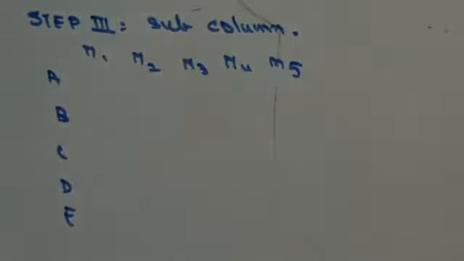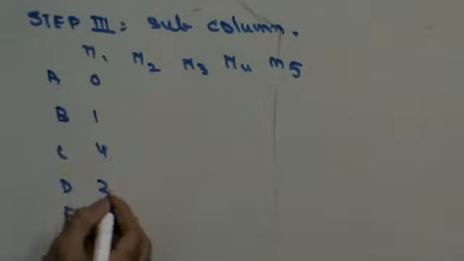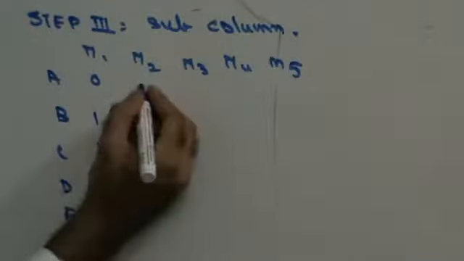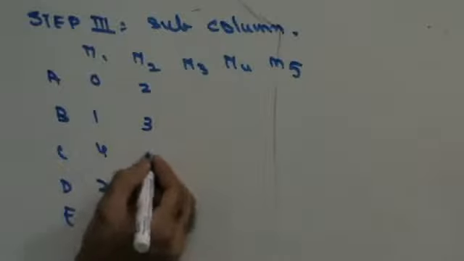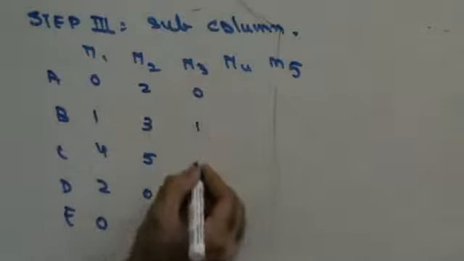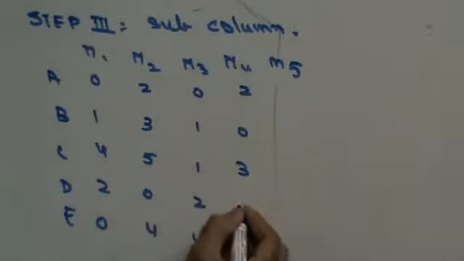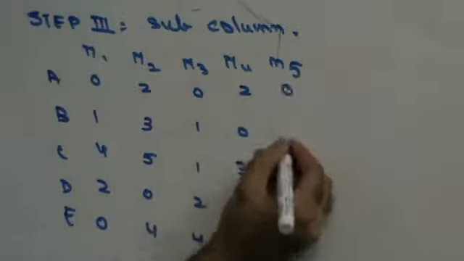So in that case, you are going to get this as 0, 1, 4, 2, 0. Smallest element is 1. So 2, 3, 5, 0, 4. Smallest element is 2. So 0, 1, 1, 2, 4. Smallest element is 1. So that is 2, 0, 3, 1, 4. Smallest element is 0.